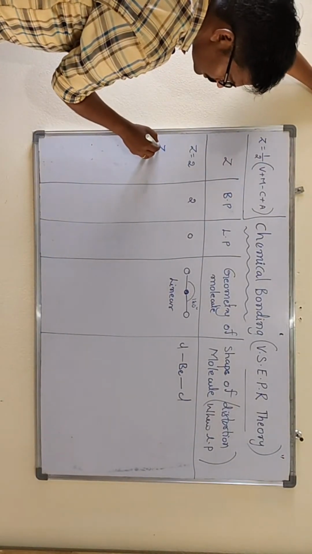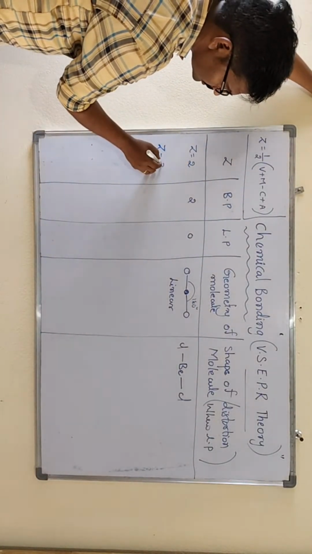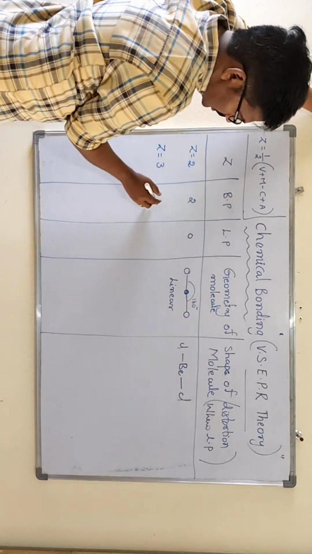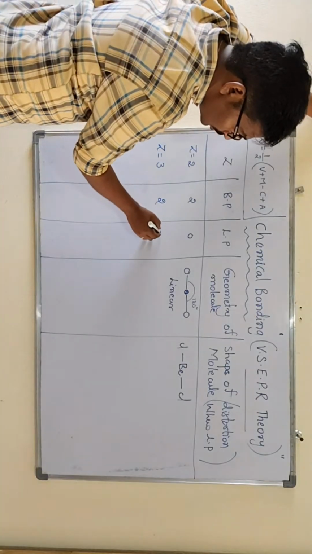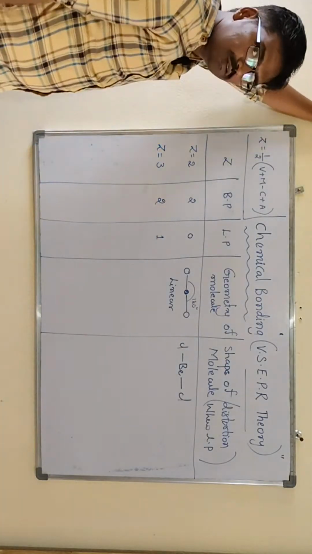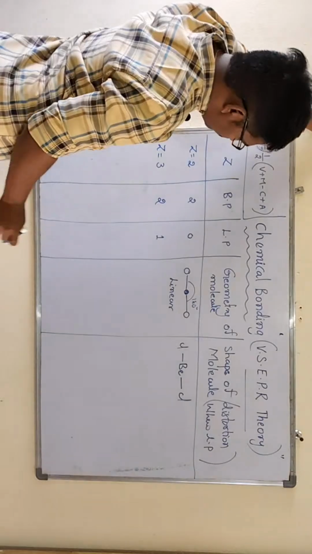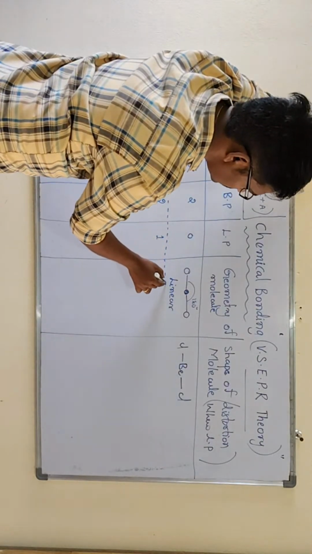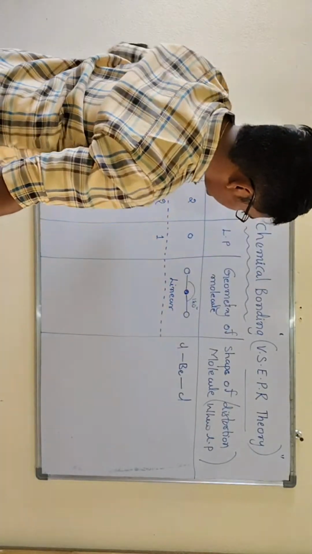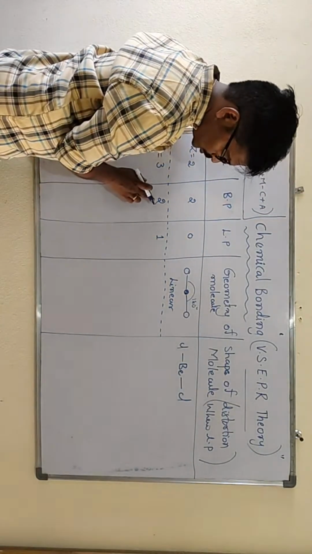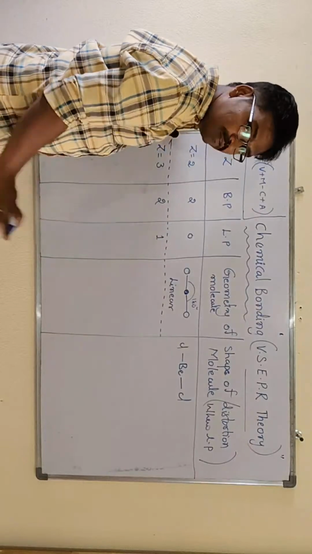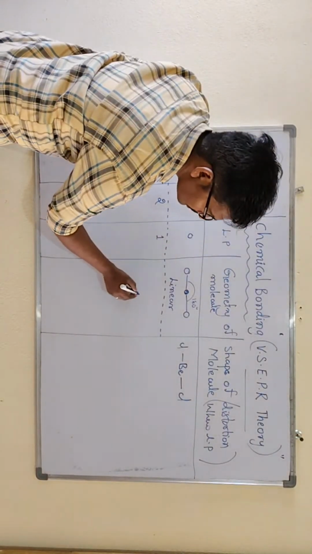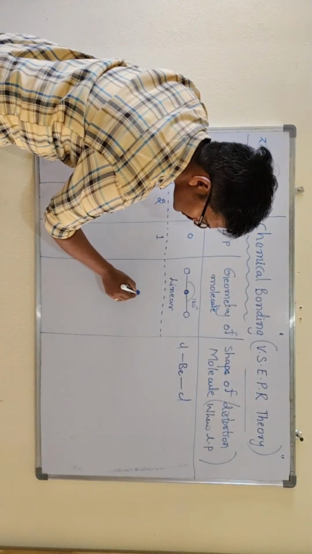In case Z value 3 is there, bond pairs are 2, lone pairs are 1. Now the shape of the molecule, observe it. The geometry of the molecule first: the 2 bond pairs and 1 lone pair are present.